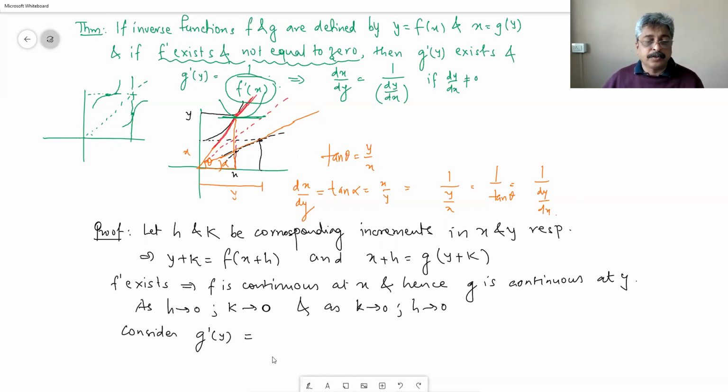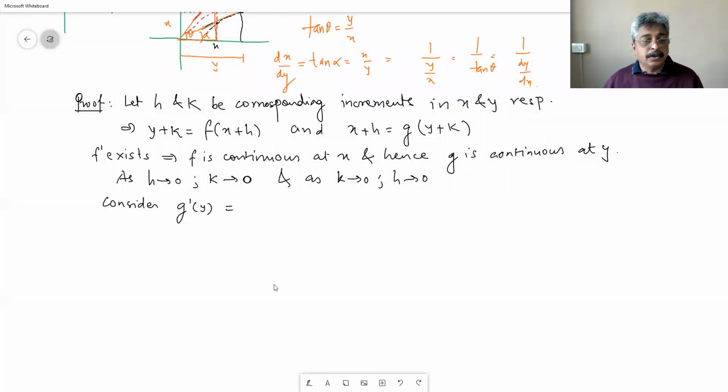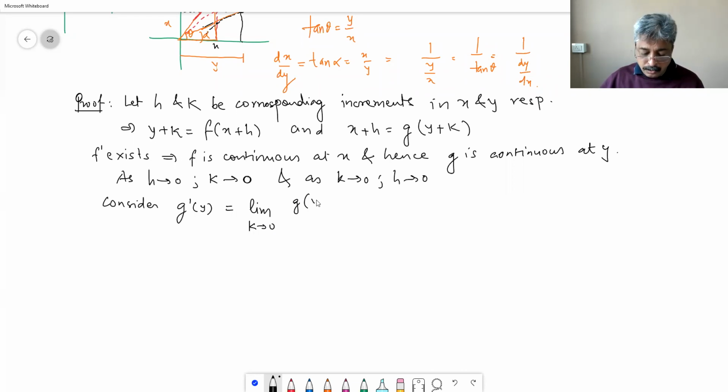By definition, g dash of y is the limit, k tends to 0, of g of y plus k minus g of y upon k.